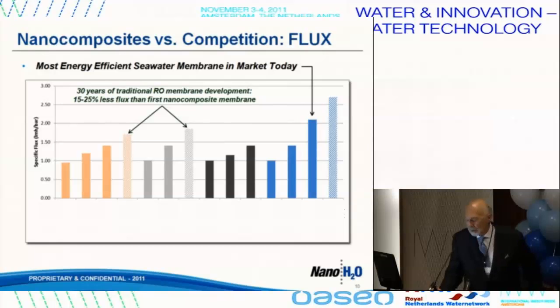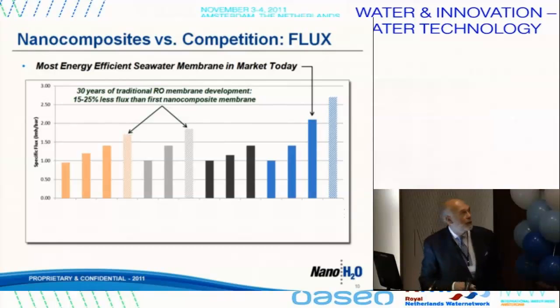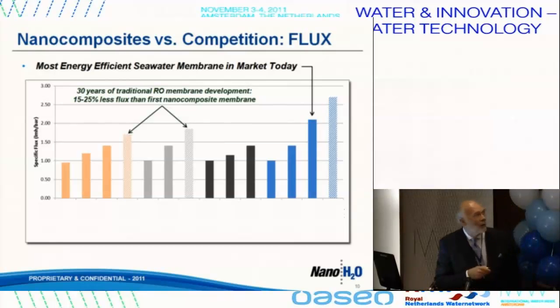Now, when I look at what's out there in terms of membranes, the thin film composite membranes, there are newer membranes that various companies have, and they've been working on this for 30 years, and these are the newest ones. Our nanocomposite membranes, you can see, have greater specific flux. This is LMH per bar, which is a way to fairly compare everyone's membranes.